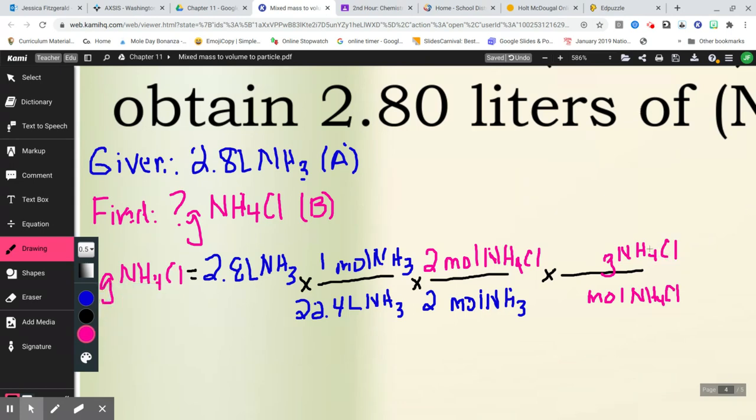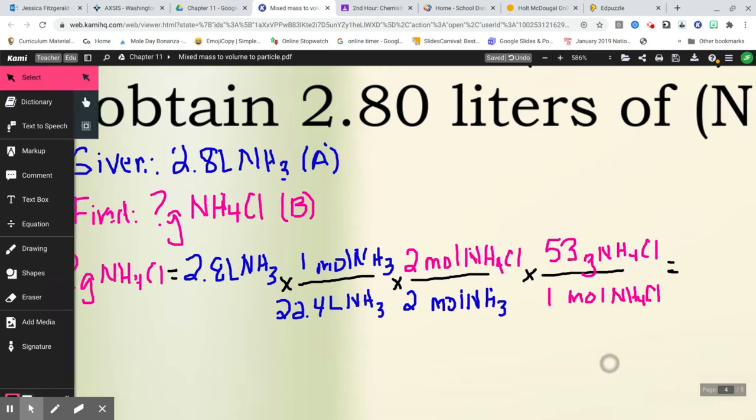So in this equality, since it's the same substance on top and bottom, we're going to put a 1 for our number of moles, and we go to our periodic table and determine the mass of 1 nitrogen, 4 hydrogen, and 1 chlorine, and that will be 53 grams. So now we're going to multiply everything on top. So we're going to have 2.8 times 1 times 2 times 53.